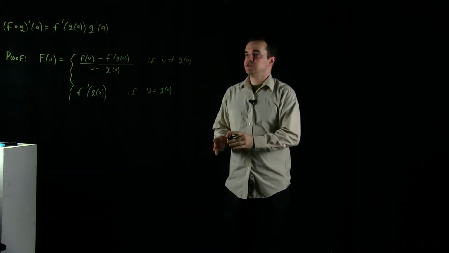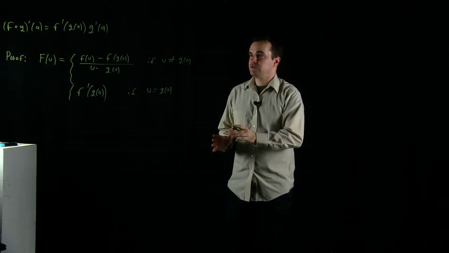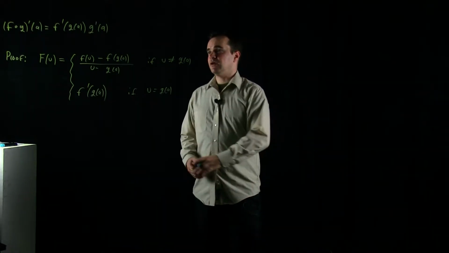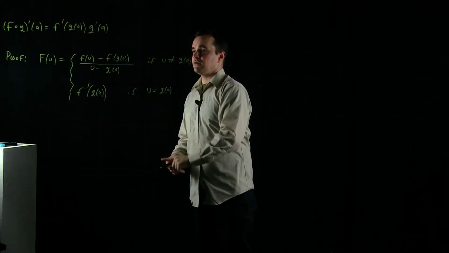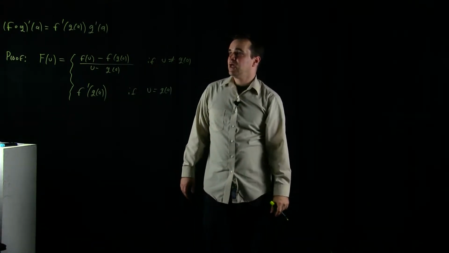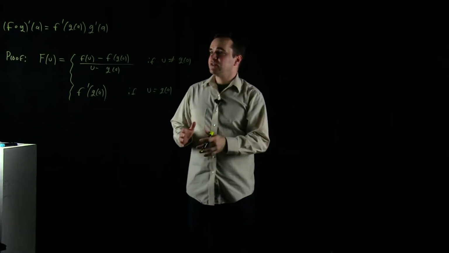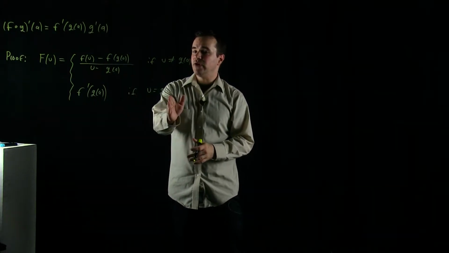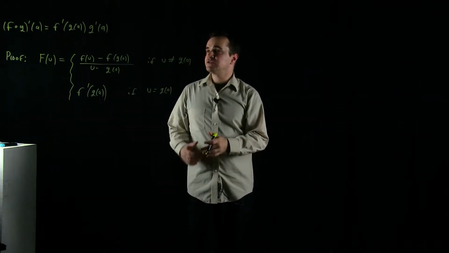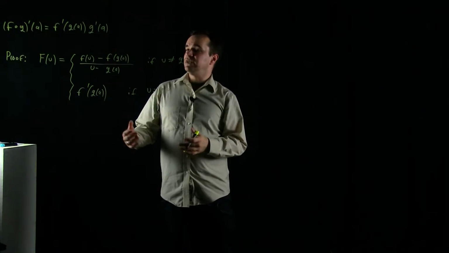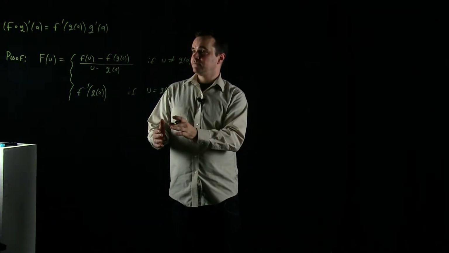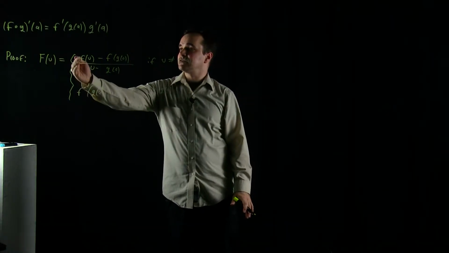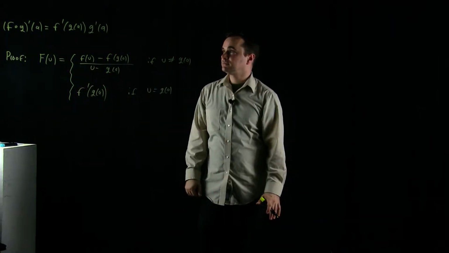So why am I doing this? Why is this sort of a natural thing or something that makes sense? This is definitely a difference quotient. And what I'm going to claim to you now is that this function is actually continuous at the point g of a. So why is that true? If I take the limit as u goes to g of a, then what I'm getting is the limit of this difference quotient.